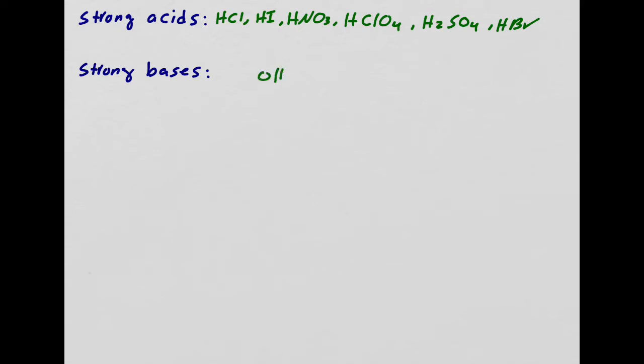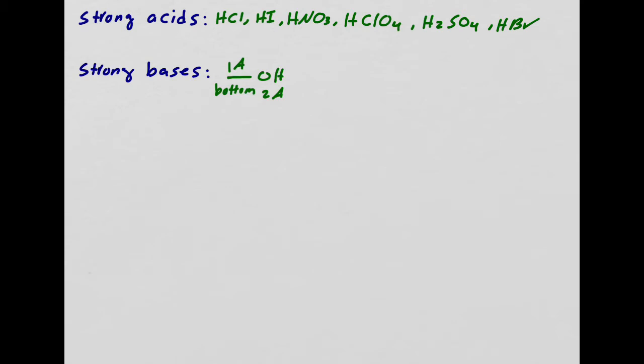Now, a strong base is usually when next to the OH, we have a metal from group 1A or the bottom of 2A. Then I have a strong base. So if next to the OH I have a metal from group 1A or bottom of 2A, then I'm going to have a strong base.